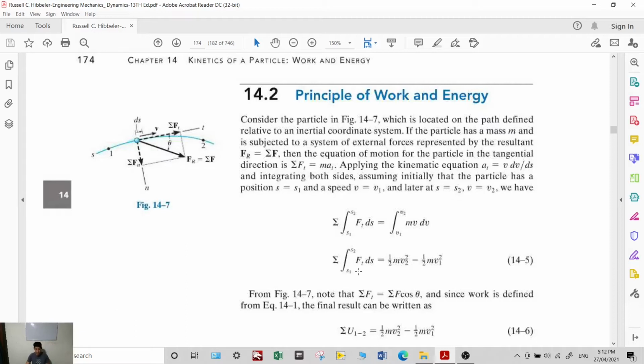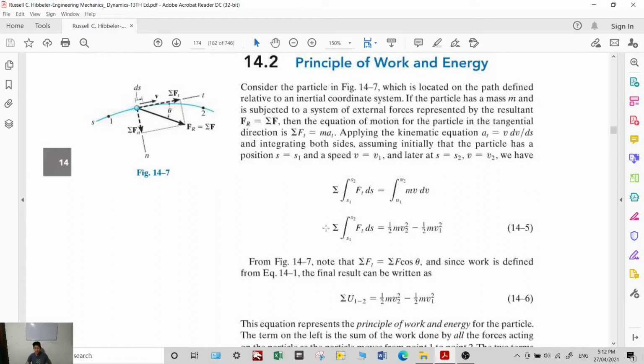Okay. Now, if you recall, this Ft times ds is just the equation for work, right? Force times the displacement. So meaning, we can replace it by this equation: summation of work from 1 to 2 is just equal to 1/2 mv2 squared minus 1/2 mv1 squared.